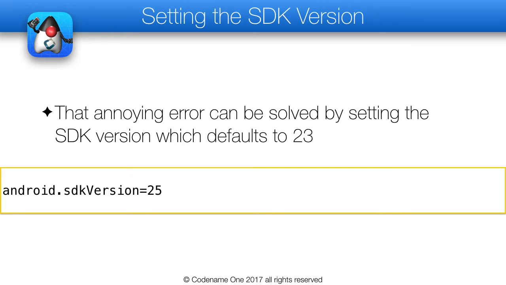Notice we update that value occasionally, so this might be incorrect when you see this. However, in this particular case, the fix was simple. Set the SDK version to 25. Once this was set, the build went through as expected, and we were able to get a working project for Android.